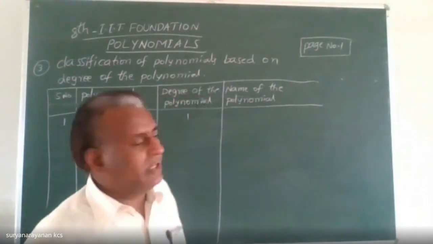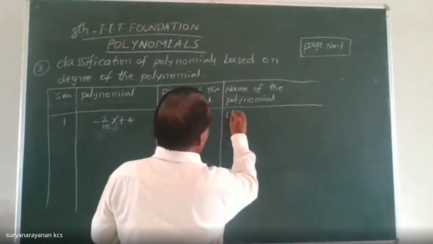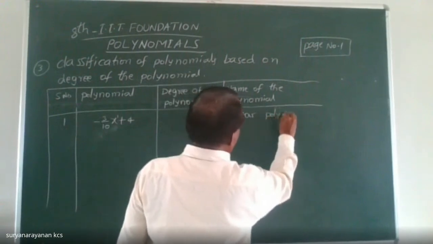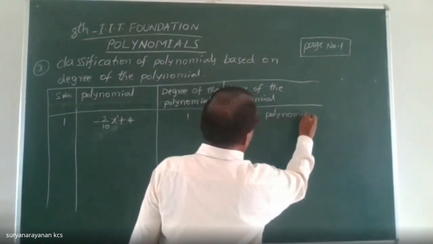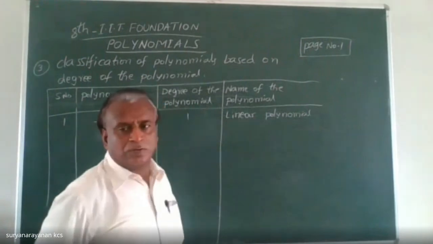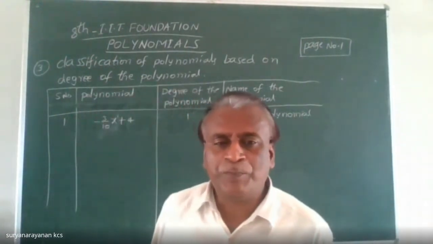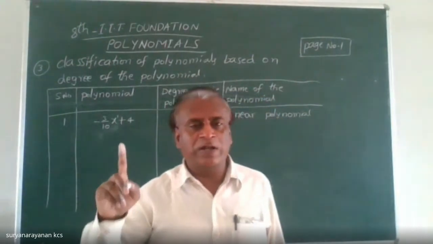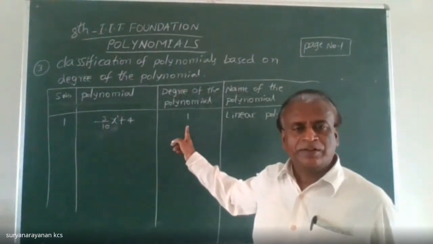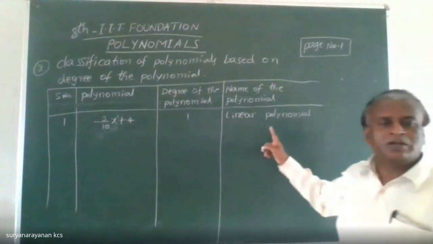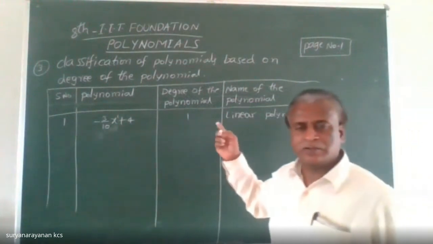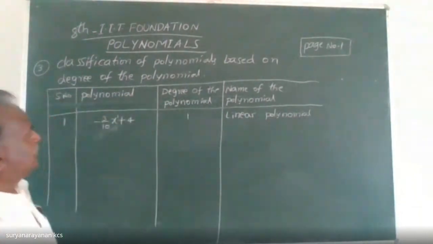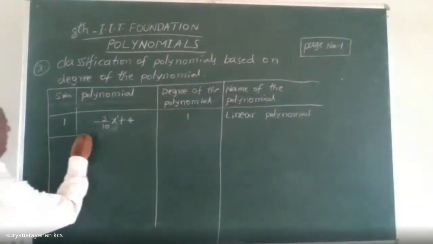This is called a linear polynomial. If the degree of a polynomial is 1, then the polynomial is called a linear polynomial. You have to remember this terminology, my dear children. What is a linear polynomial?